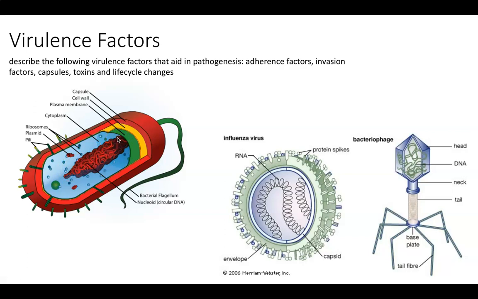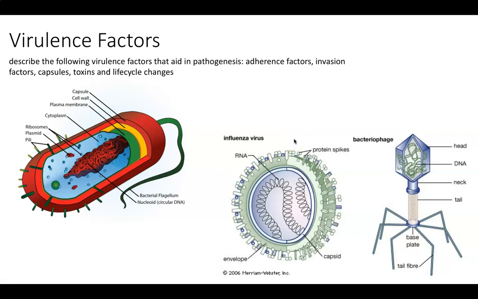This is within the body, so now there are just so many more viruses in the body that will now go attach to other bacterial cells and do the same thing to them.